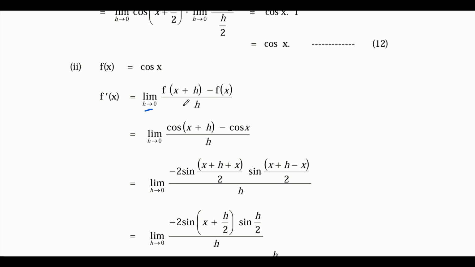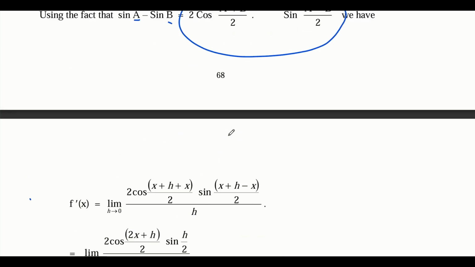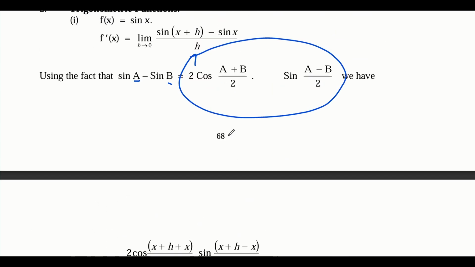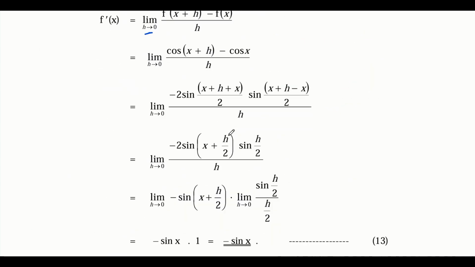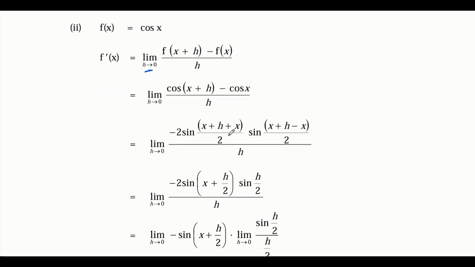Now, you come back to another trigonometric formula, where cos of a minus cos of b is equal to minus 2 sine of a plus b over 2 times sine of a minus b over 2, right? If you remember, I don't think that one was shown here, but that's also one of the special angle formulas.